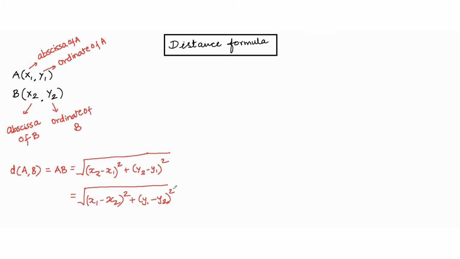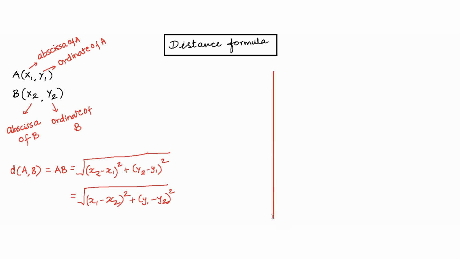Because there is a squaring operation, even if you get a negative answer for x2 minus x1 or y2 minus y1, it doesn't matter. The squaring operation makes all the numbers positive, and this is how you can find the distance between any two points. So now let us go ahead and prove this particular formula.